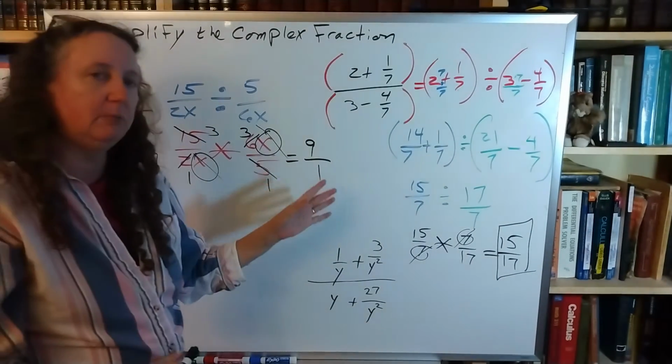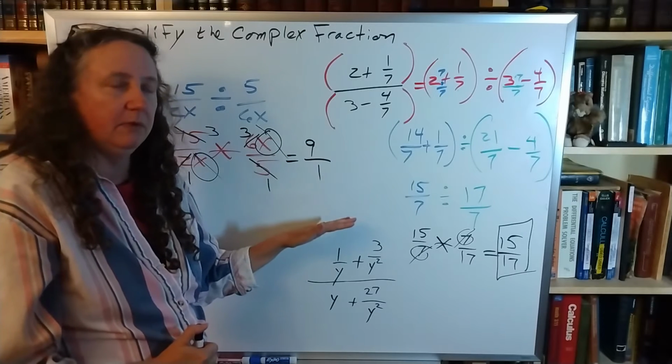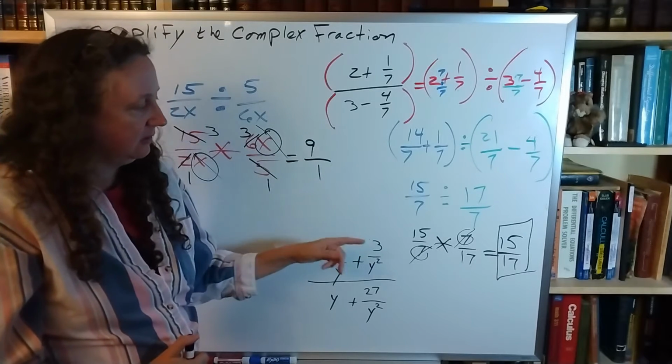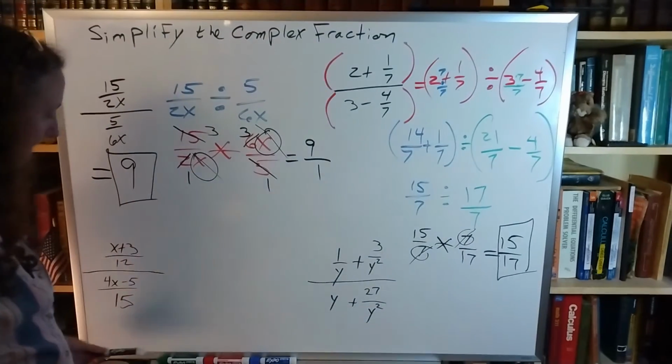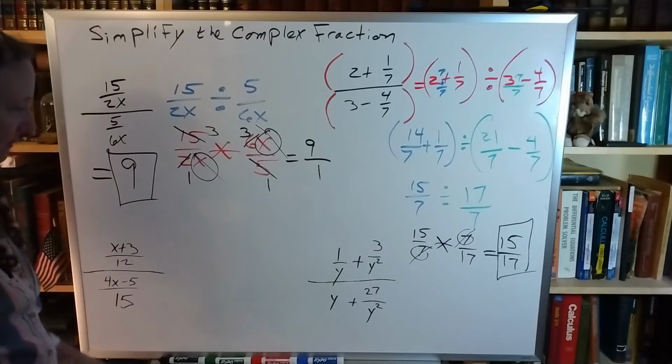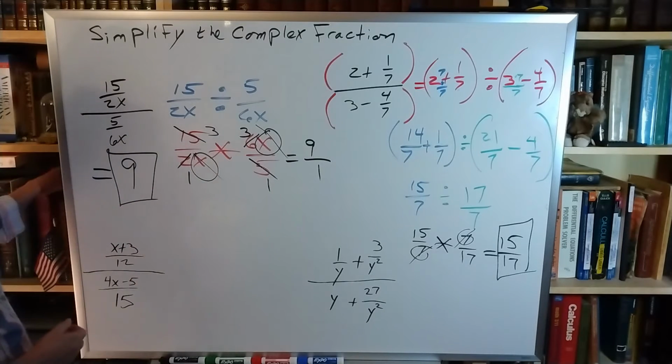There are no variables in this, so I don't have to check the denominator against the domain. So those two were fairly straightforward.